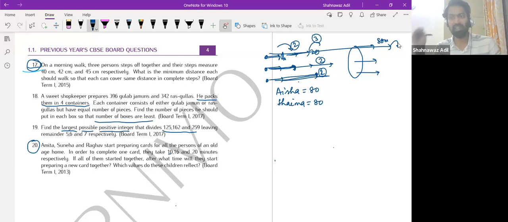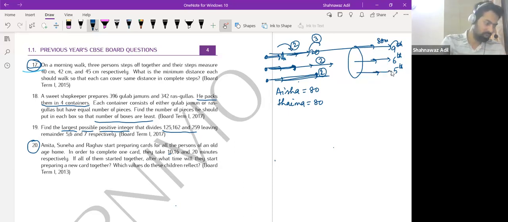That would be the ninth card for him, and for this one, this would be the sixth card, and for this one, this would be the fifth card, right? But at the same time, they will start making the card. Okay, so all of you calculate, then this chapter, real numbers, would be over, right?